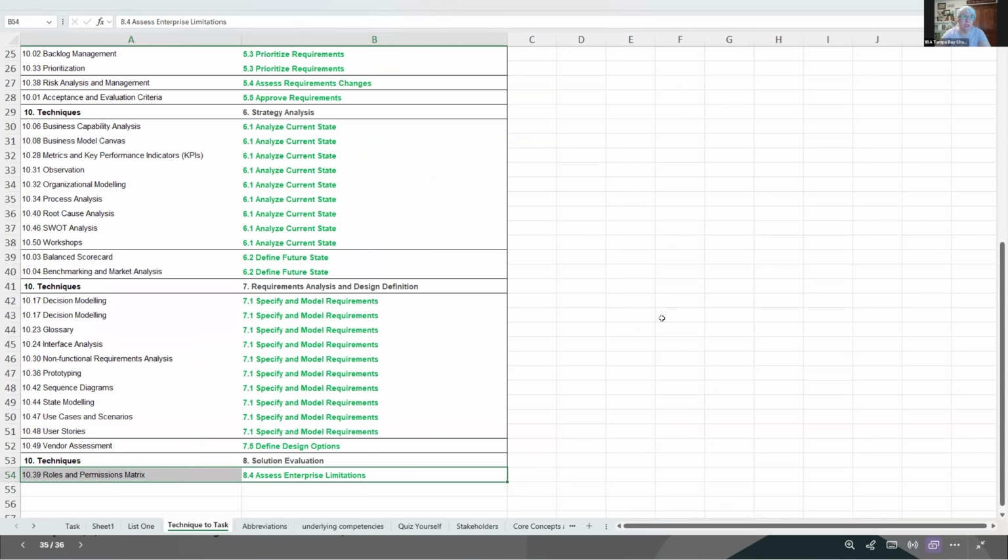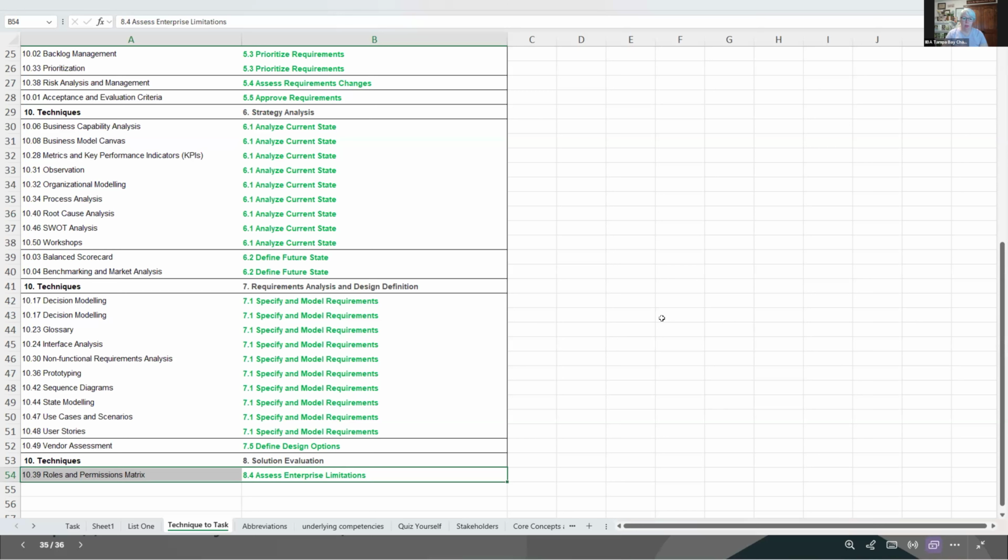Roles and permissions matrix is literally a matrix, a spreadsheet that says the people that have this role are super users, super admins, and they can do everything. The people that are customers, they can do these things. The people that are admins, they can do these other things. It's going to be some level of who can do what, and it's going to be based upon role.